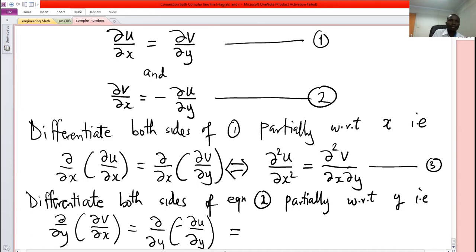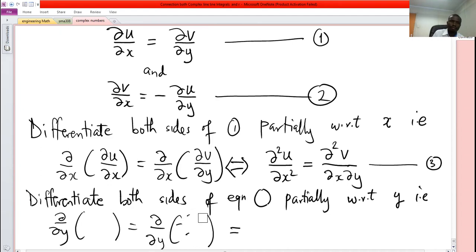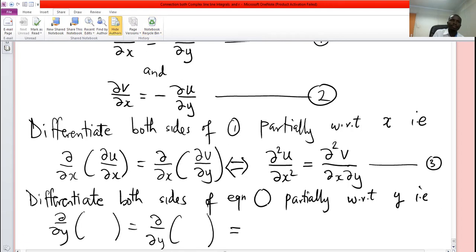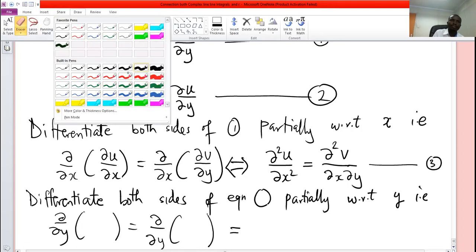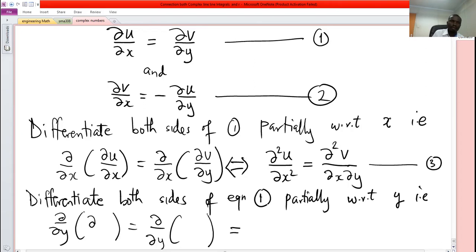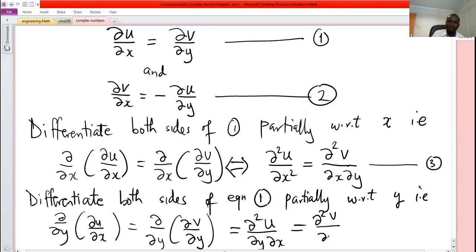So I have partial u partial x equals partial v partial y, so we have partial squared u partial y partial x equals partial squared v partial y squared. Call this one equation 4.